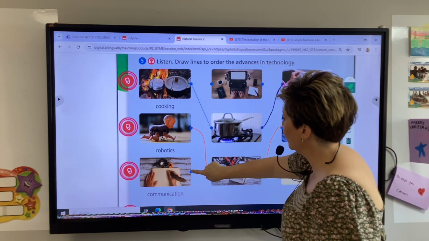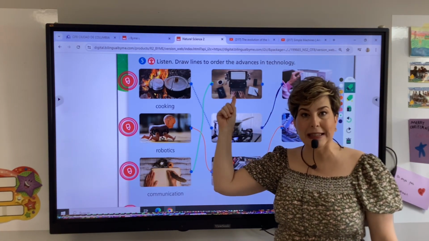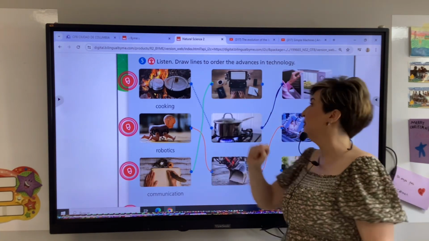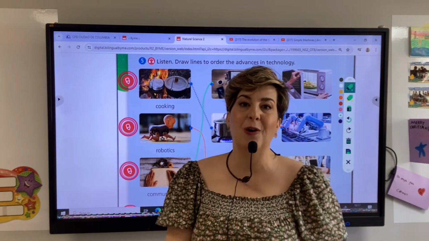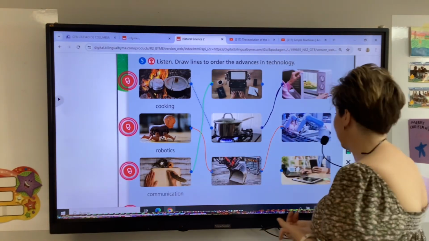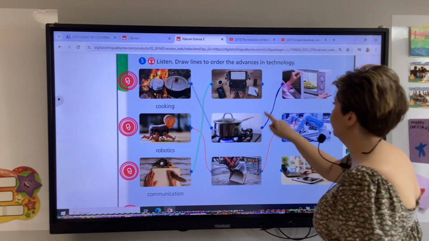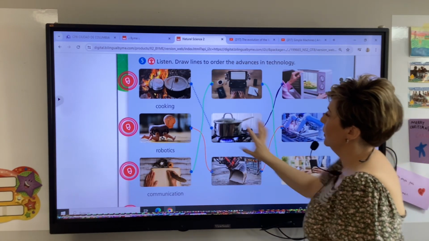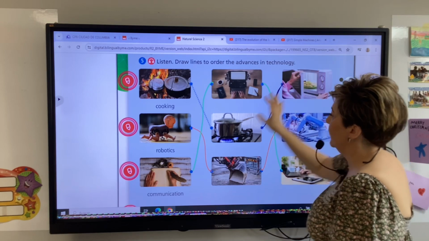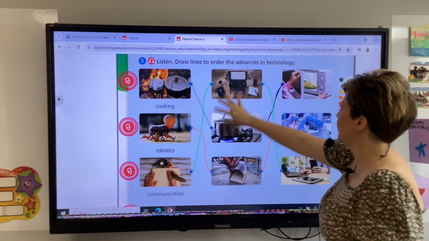Then people could use this, which is called a typewriter. And nowadays, what do we use? We use the cell phone, we use the computer, and we use the tablet as well. So this is the evolution in cooking, in robotics, and in communication.